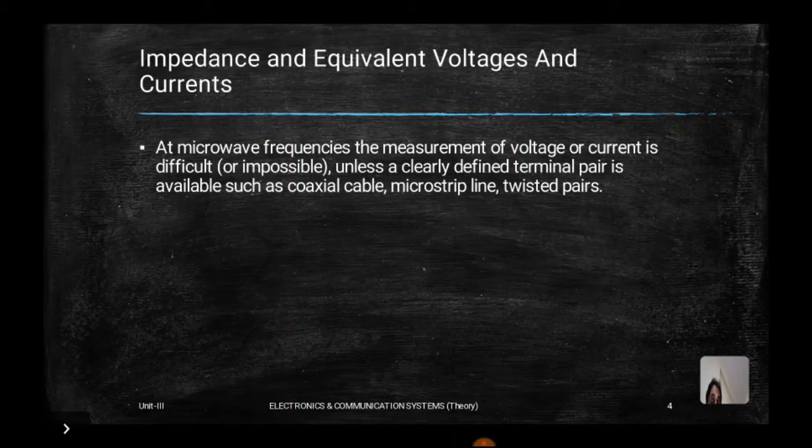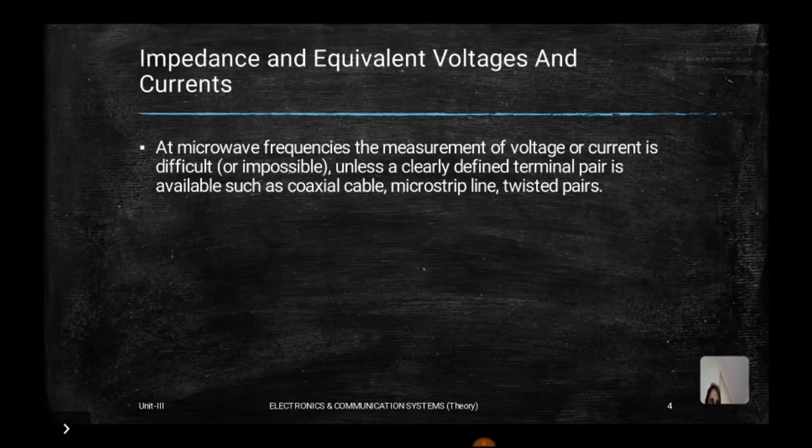In a coaxial line I can even write equivalent voltage and current. You can see the theory or proof in the textbook also. That is the derivation part, but normally in TEM lines I can write the equivalent voltage and current. So how to find out?